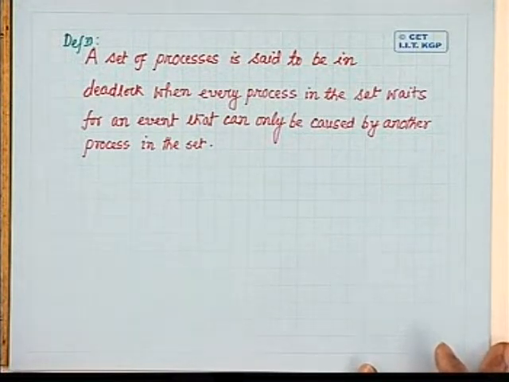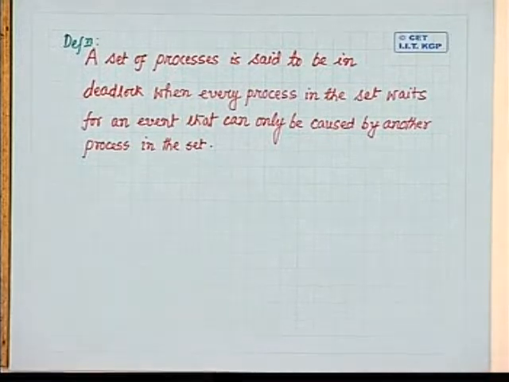Now, as we said, it is the responsibility of the operating system to see that deadlock does not occur. Then the operating system must know the reasons which can lead to deadlock, or the conditions of deadlock. If we know the conditions of deadlock, and we can ensure that such conditions will never occur, then we can ensure that deadlock will never occur.